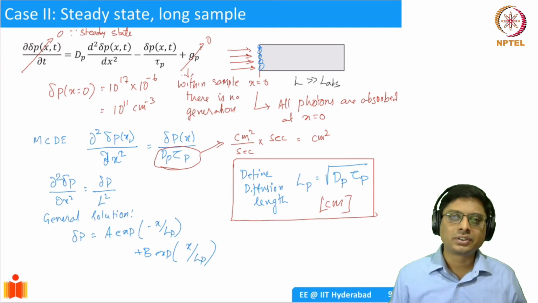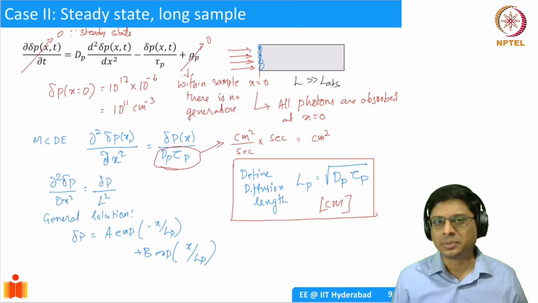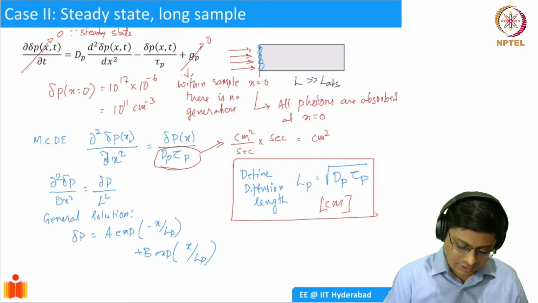So the problem will be which of the coefficients is allowed, A or B. Now we are shining light at x equal to 0. Let me summarize.